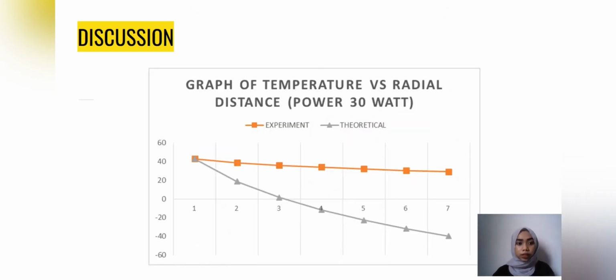So this is the graph of temperature versus radial distance for power of 30 watt. The orange line is for the experimental value and the grey line is for the theoretical value.